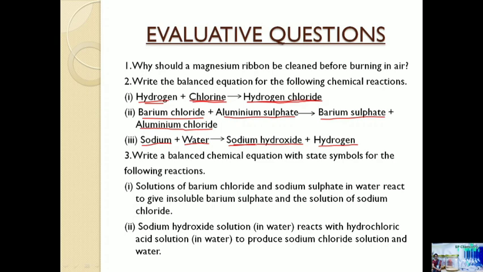Then let us come to question number 3. Write a balanced chemical equation with state symbols for the following reactions. That means in this reaction we have to mention the state. Solutions of barium chloride, BaCl2, and sodium sulfate, Na2SO4, in water.